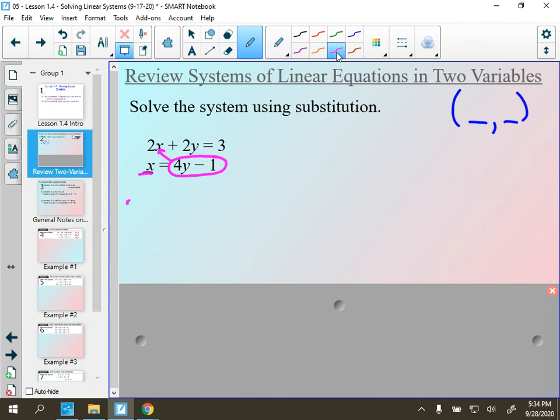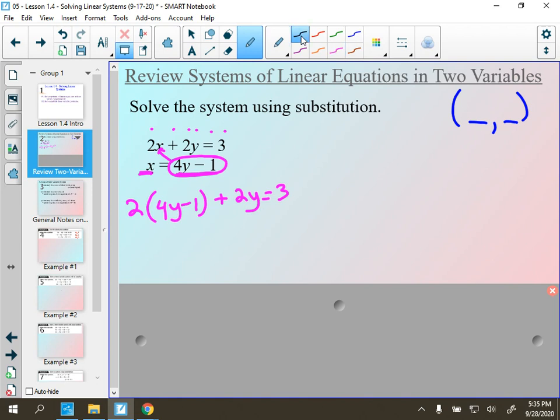So I'm keeping this 2 the same. I'm going to replace that x with this whole expression, 4y minus 1. I'm going to keep the plus where it is, keep the 2y where it is, and keep the equals 3 exactly where it is.